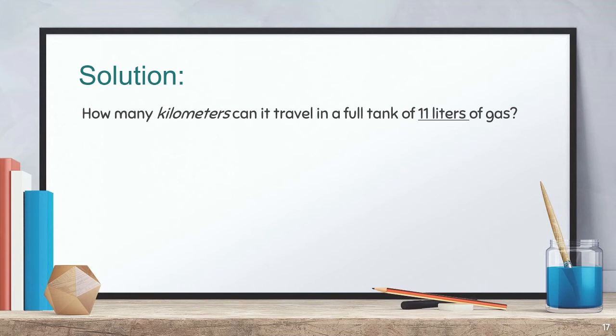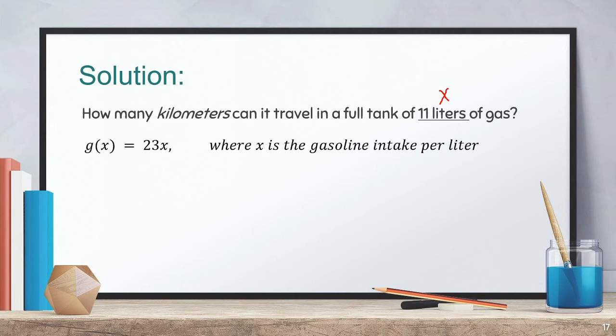So we have 11 liters of gas as our x. For our given formula, G of x equals 23x, where x is the gasoline intake per liter. And it is said that the vehicle travels 23 kilometers per liter.